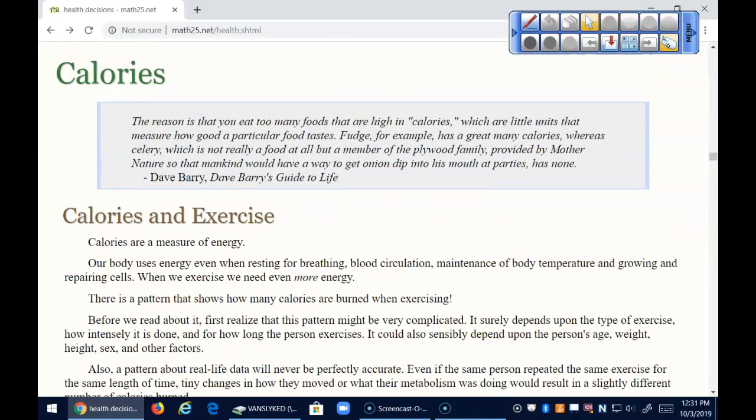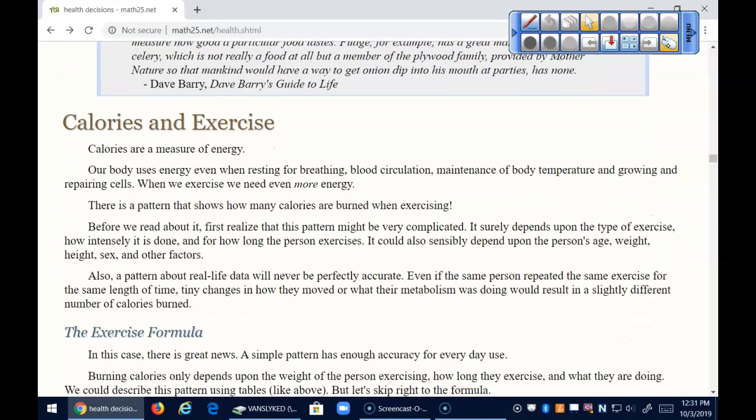Okay, next topic, calories. I won't read the David Berry quotation out loud. Calories measure energy. Our metabolism needs energy even when we're just sitting still, but we need more when we exercise. So our simplest formula is just how many calories you burn while exercising.